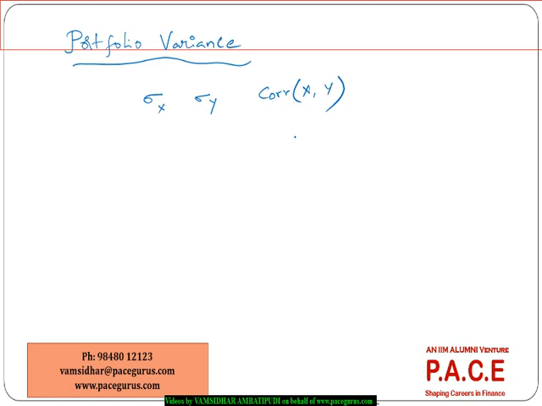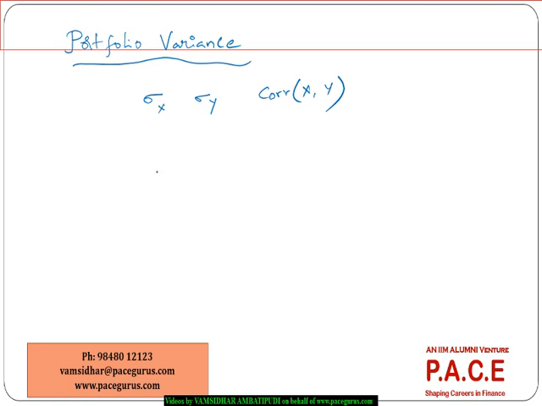Then, how do we apply all these concepts to the world of portfolio variance? All these concepts go into the world of portfolio variance in finance, where I'm looking at a portfolio of two or more securities. I need the underlying volatilities of each one of them, and along with that I also require the correlation between the X and Y kind of securities.